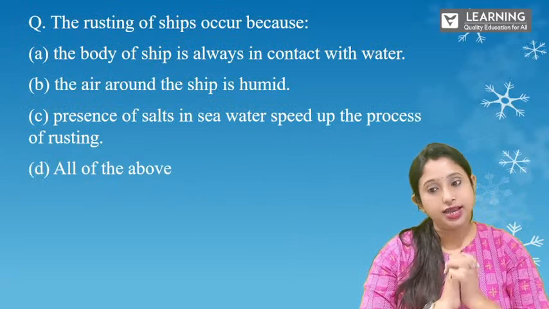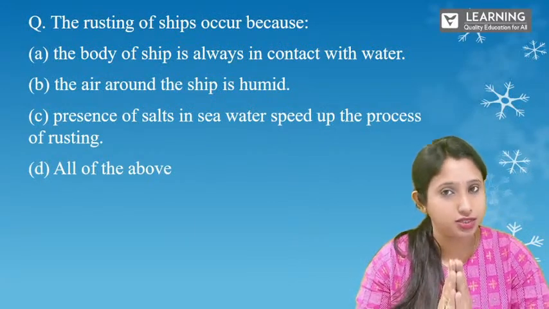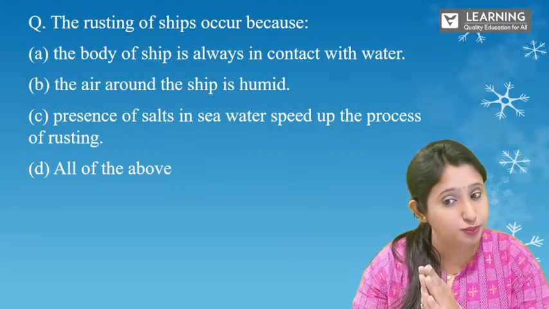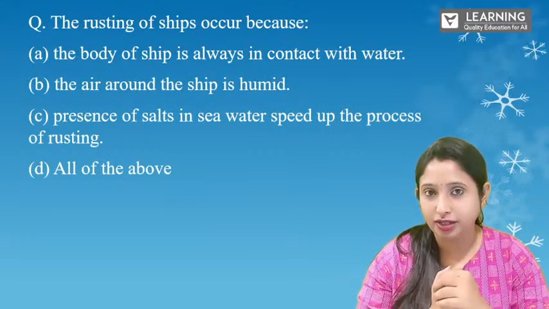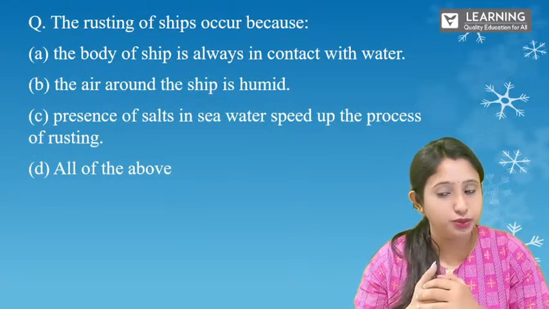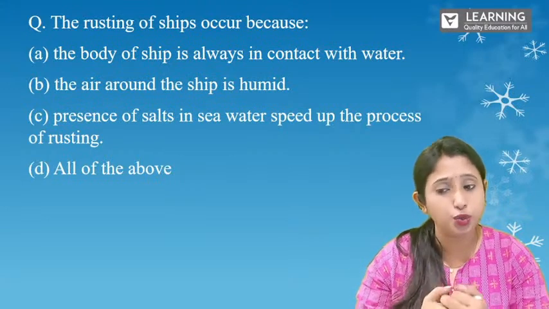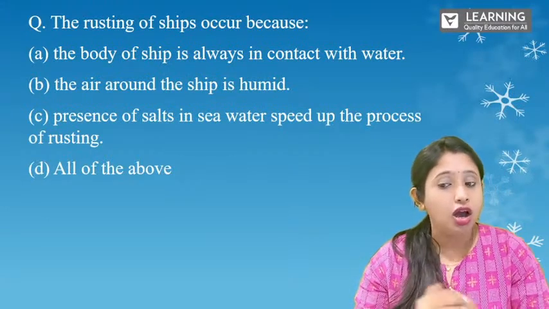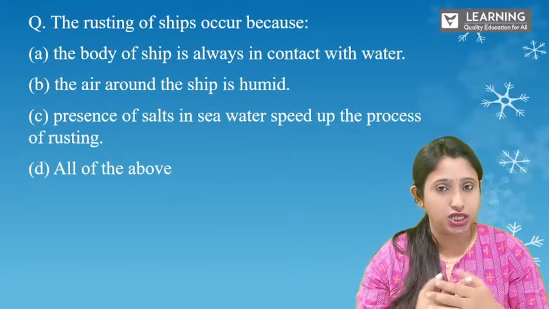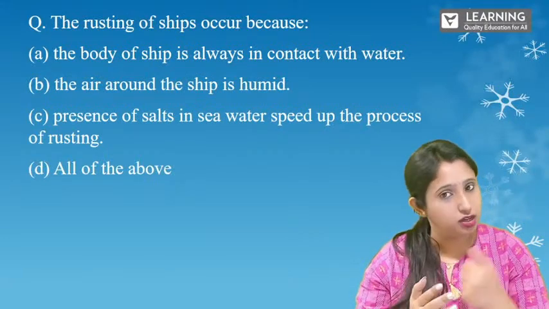Next question says that the rusting of ships occurs because, what are the options? Option A is the body of the ship is always in contact with water. Yes, it is always in contact with water. Option B is the air around the ship is humid. Yes, it is humid. Number C is the presence of salts in seawater speeds up the process of rusting. Yes, it is also correct. You know that seawater is salty, right?